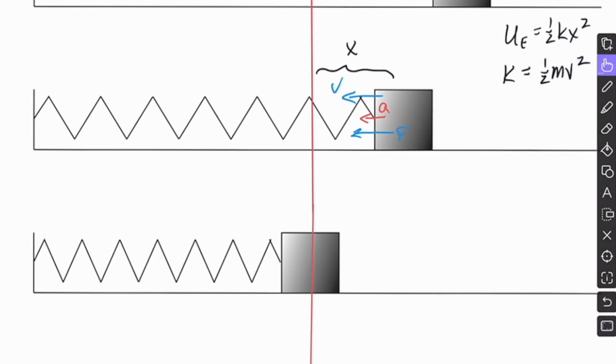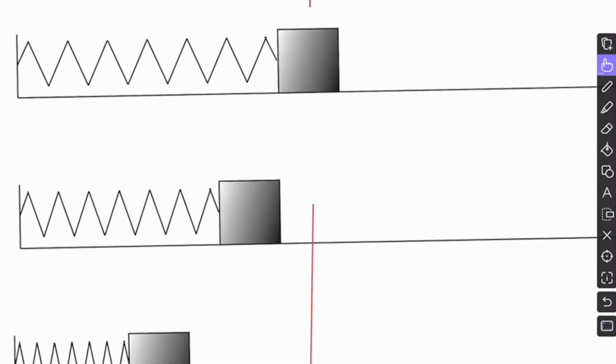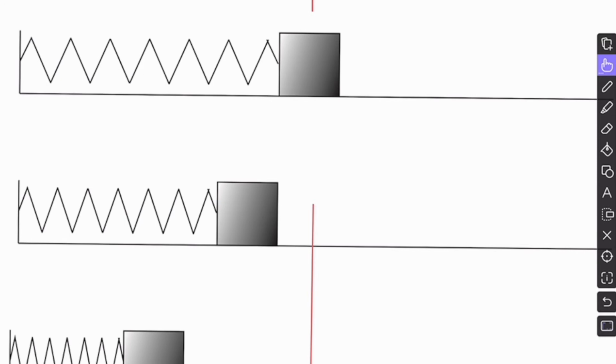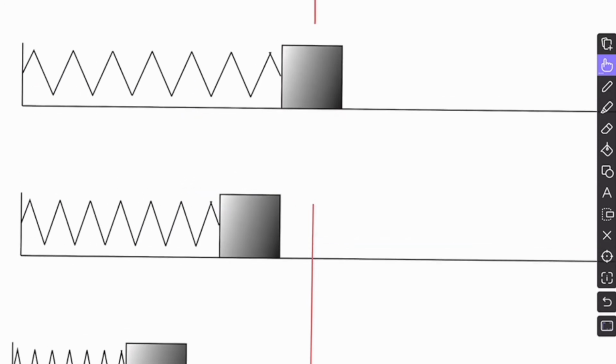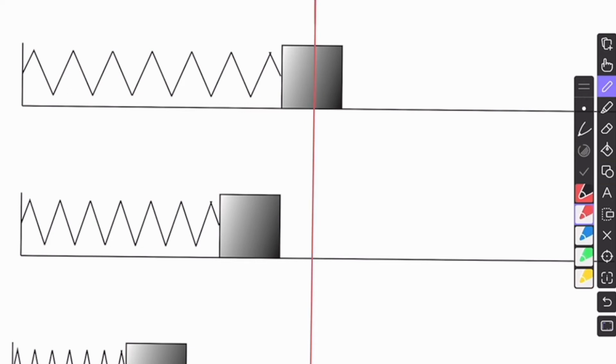So let's talk about the equilibrium position. Keep bringing these all the way to the top so that people can see them. There. So, at the equilibrium position, the force is 0. F equals kx, x is 0, so force is 0.